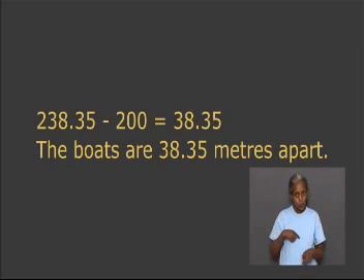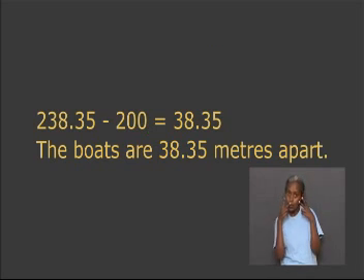When you subtract the lesser distance from the greater, you will see that the boats are about 38.4 meters apart. If you did not get that answer, please ask your teacher after the lesson. If you did get that answer, great job!